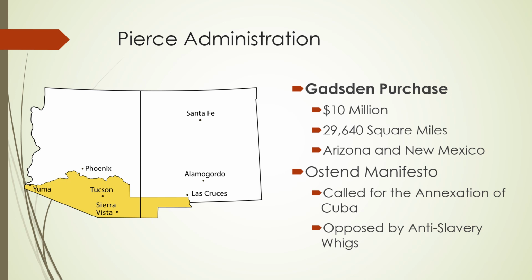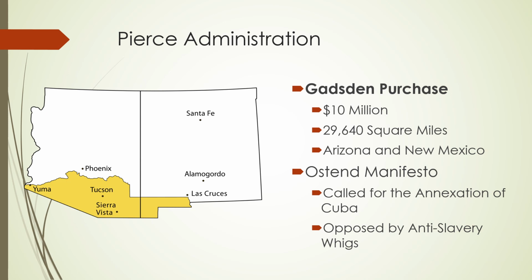And then we have this thing called the Ostend Manifesto. This was a desire on the part of Democrats to annex Cuba. Obviously, Cuba is a pretty big island off the coast of Florida, south of Florida. The idea here was that the U.S. would try to purchase this from Spain, and if Spain didn't give it to us, then we would go to war with Spain.